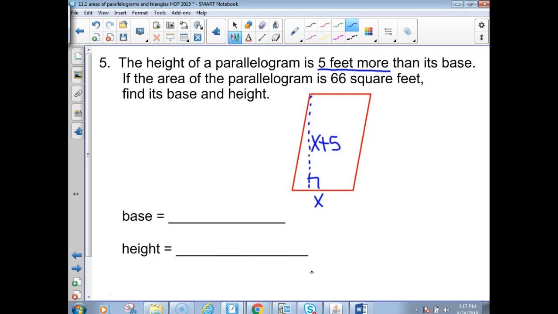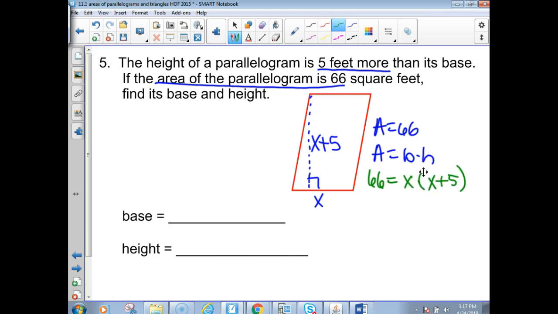Right? So this one's going to be a little weird. We got the area is 66. All right, and we know the area formula is base times height. So I'm going to plug stuff in. I'm putting in 66 for A, x for the base and x plus 5 for the height.